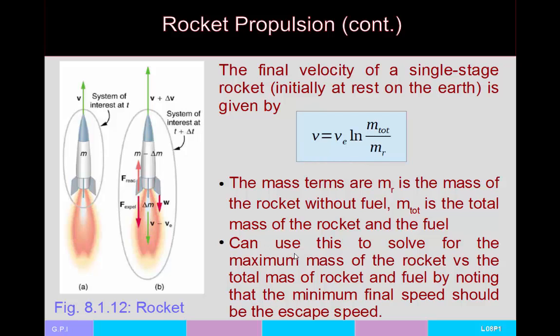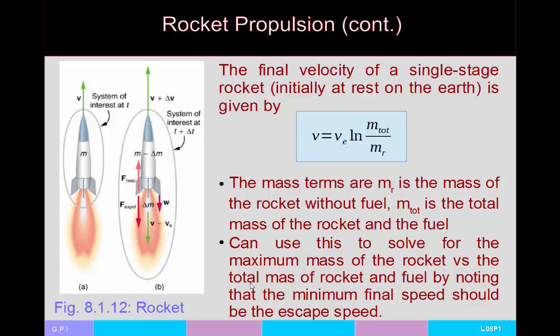So you can actually use this to solve for the maximum mass of the rocket versus the total mass of the rocket and fuel, meaning basically how much rocket can you get given some amount of fuel if you want to escape from the Earth.